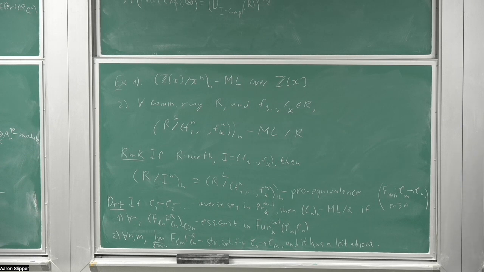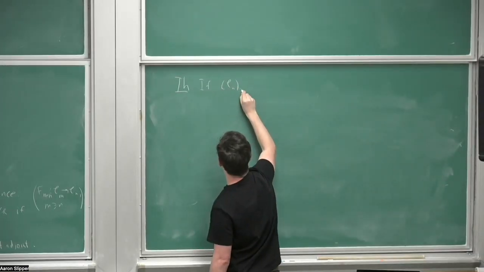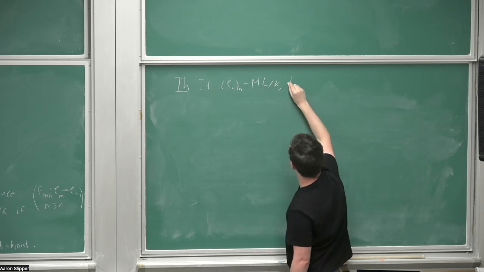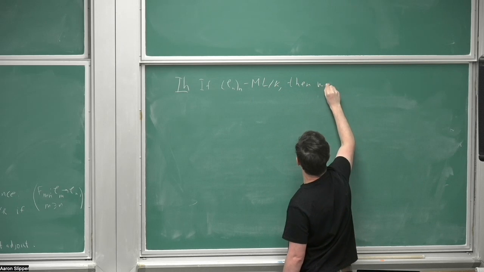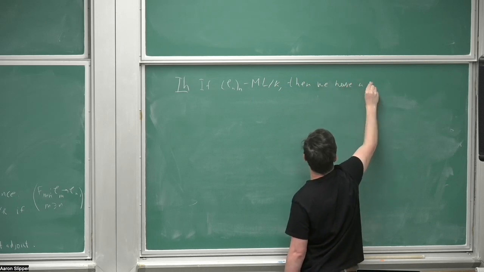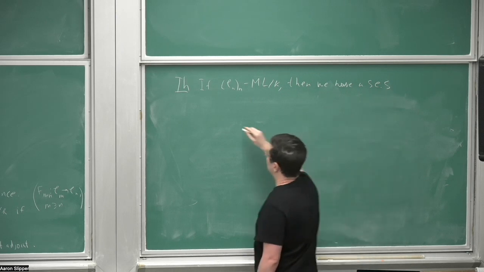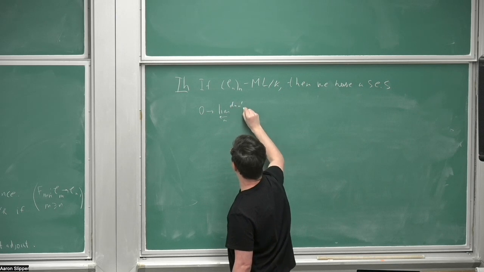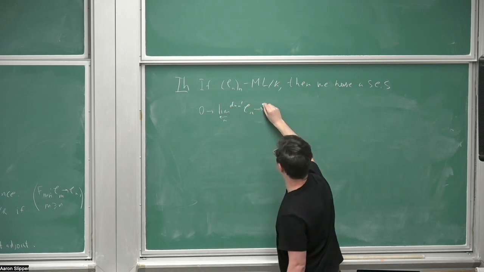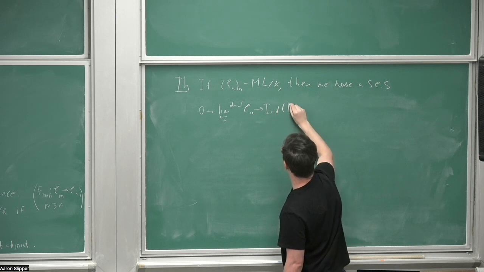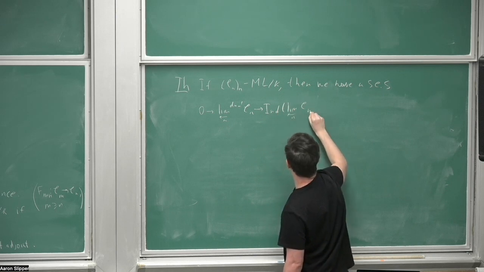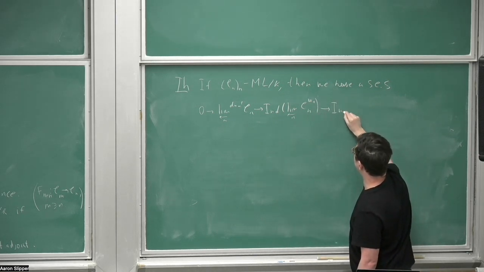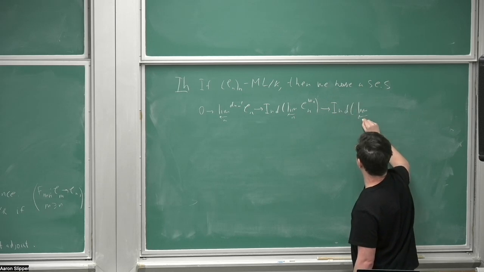So if the C_n are Mittag-Leffler, then we have a short exact sequence: 0 to the inverse limit of the C_n, so the completion of the usual limit of the compactly generated objects of C_n, to the completion of the limit of continuous dualizable categories.